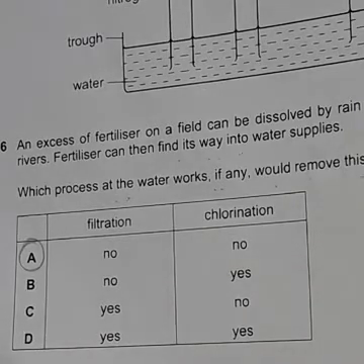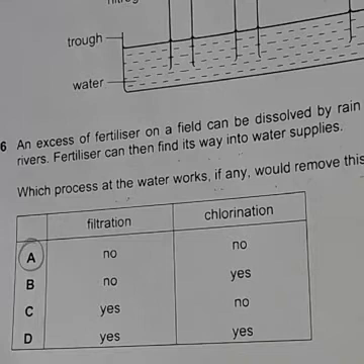This question says that when we use an excess amount of fertilizer in a field, it will wash away from the land by dissolving in rainwater, and it will reach different water bodies, rivers, lakes, etc. From there it will reach water supplies.